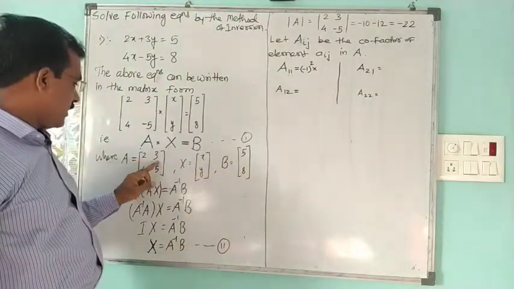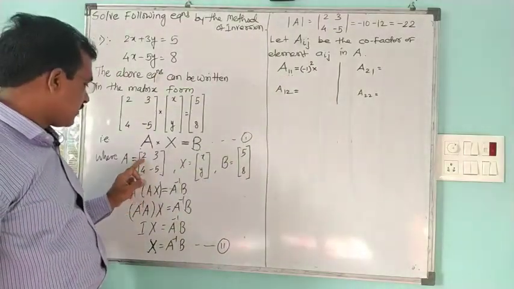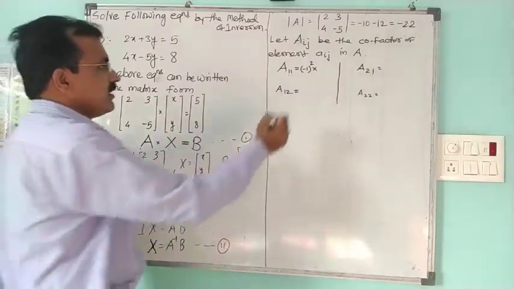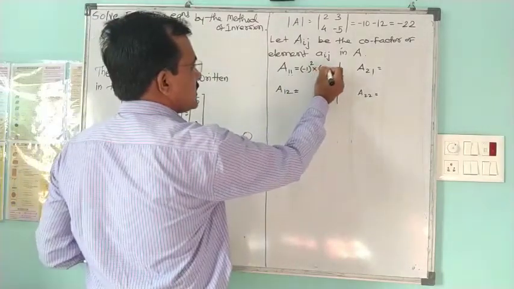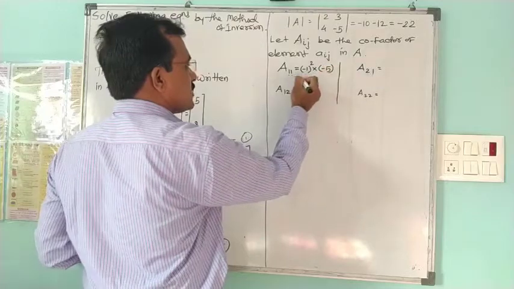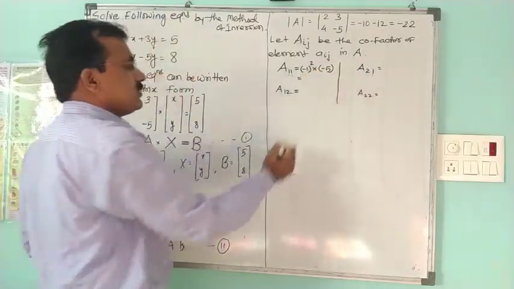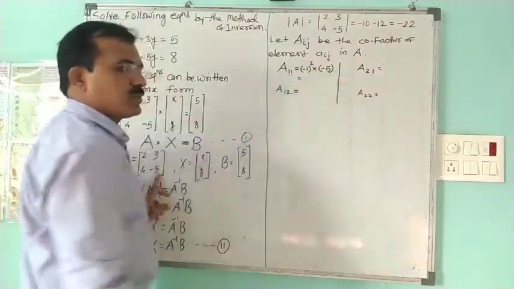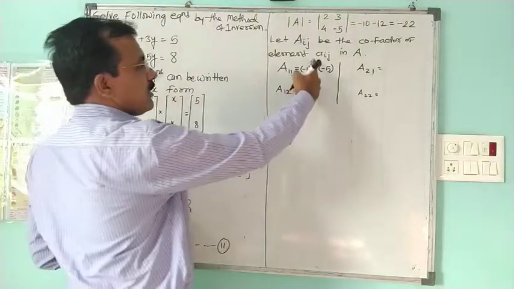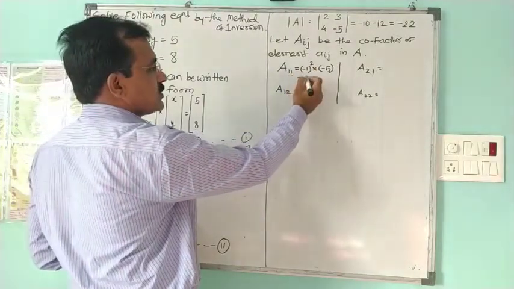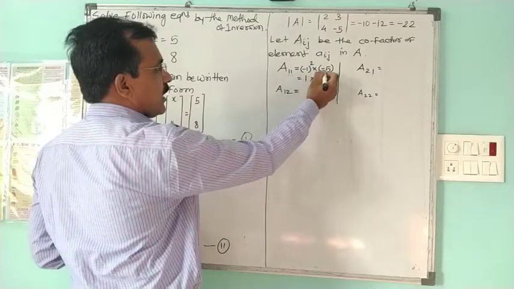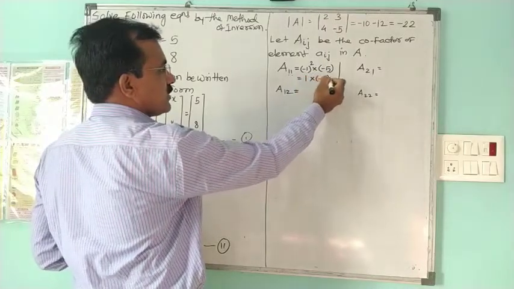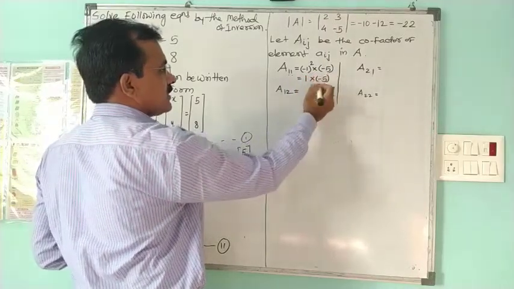When first row and first column are eliminated, we have this value as just minus 5. This minus 1 raised to 2, an even power of minus 1, gives us positive 1, and in multiplication with minus 5 gives us minus 5.